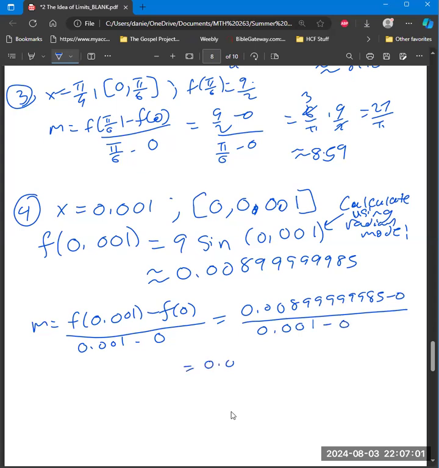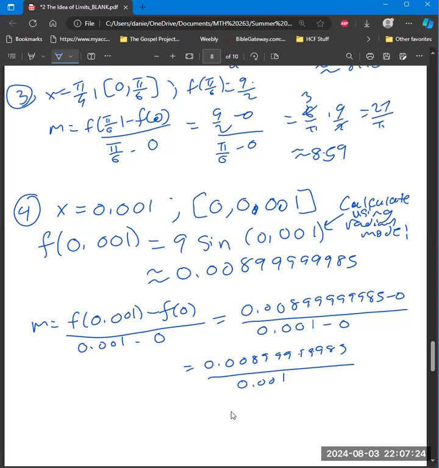It's going to be 0.008999999, six nines, 85 over 0.001.